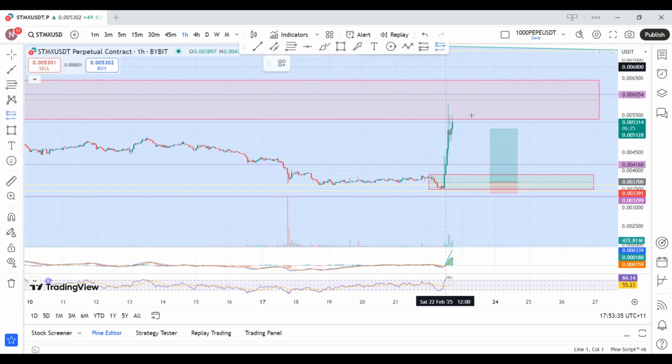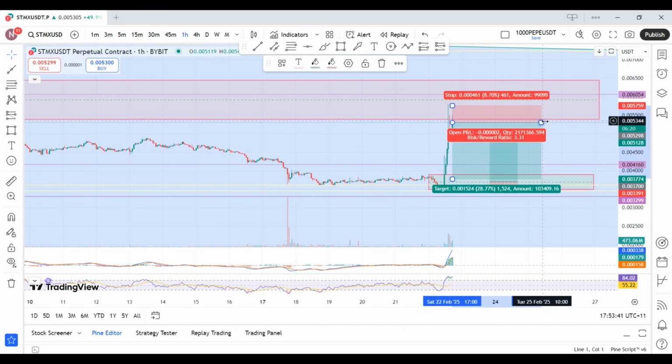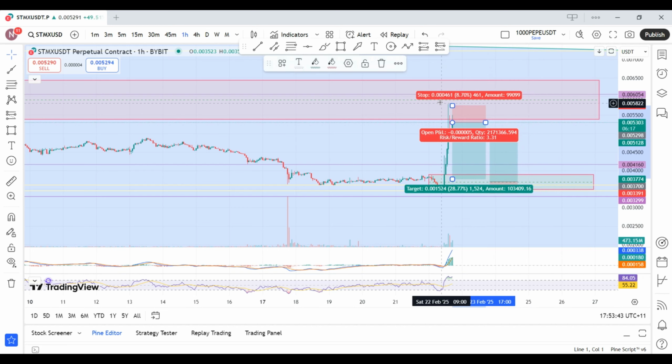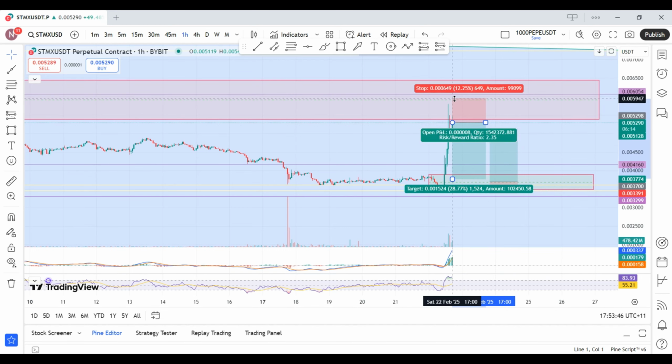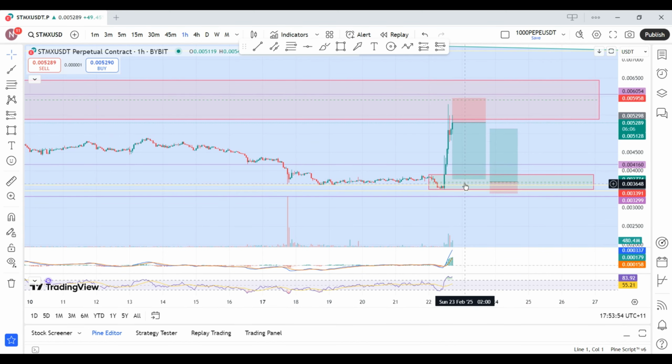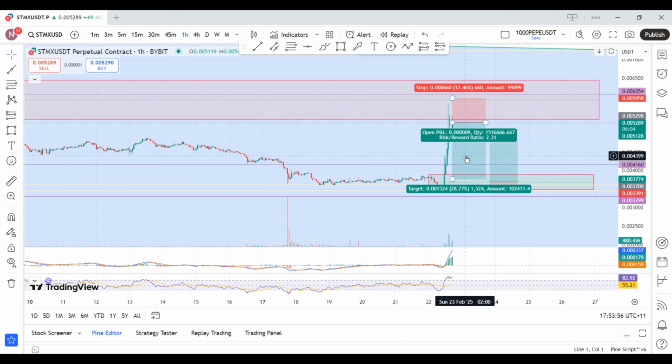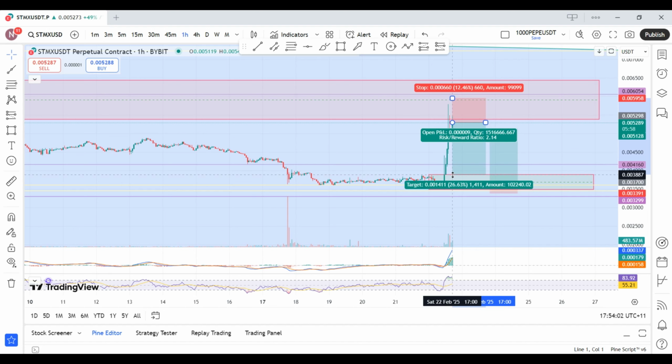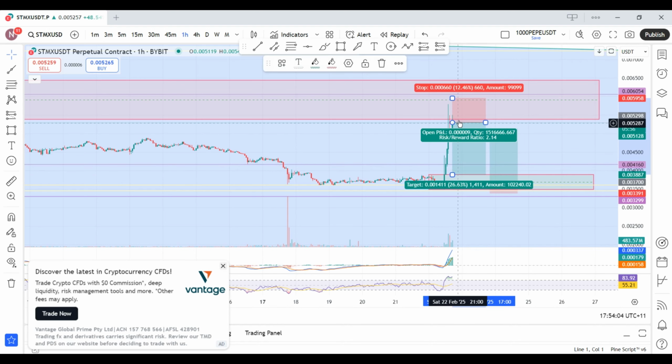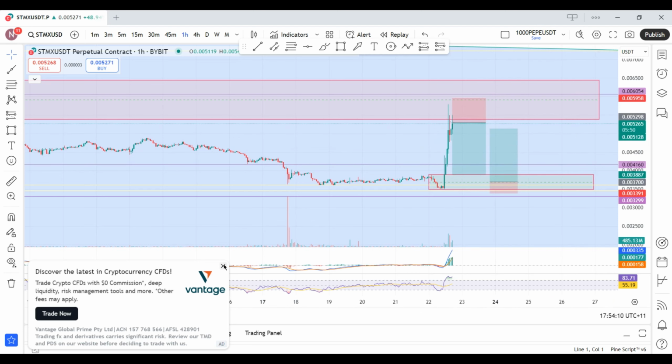So I'm going to place a short actually. I'm going to place it a bit above the midline. You can see here, I believe the price will come around here, but I also want to keep it just before the box. Yep, so this is the order that I'm going to put in.